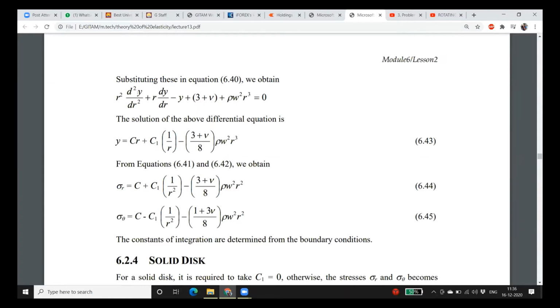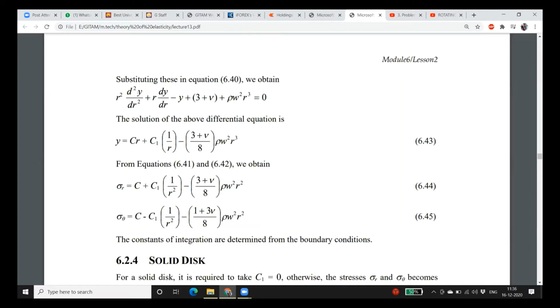So here, simplifying this equation will give you y = c r + c1 (1/r) − ((3 + Poisson's ratio)/8) ρ ω² r³. That is the solution for the above differential equation.